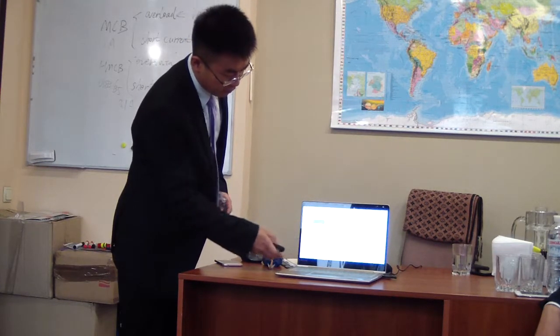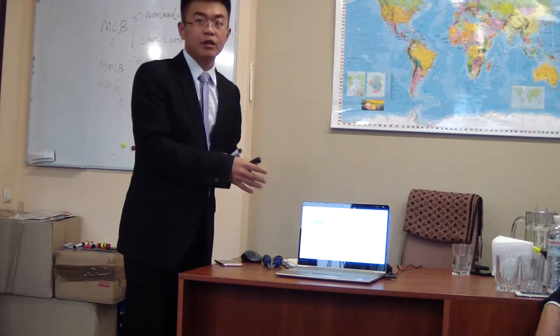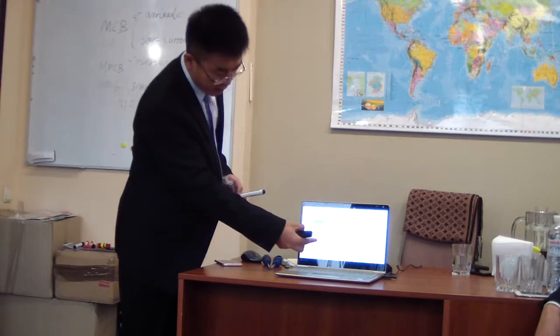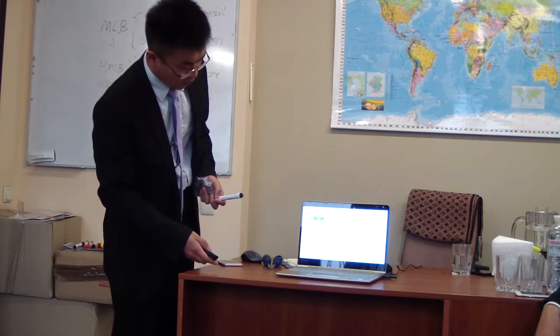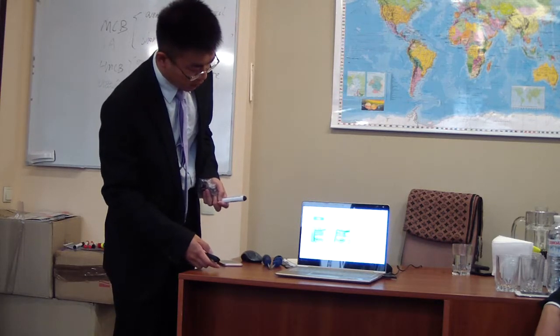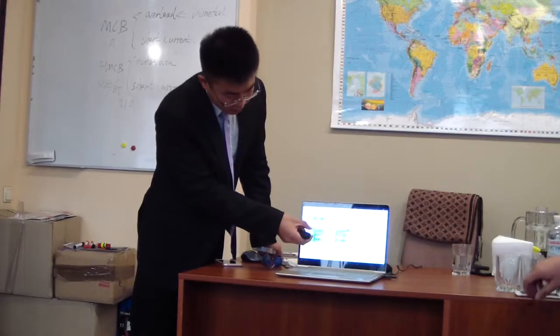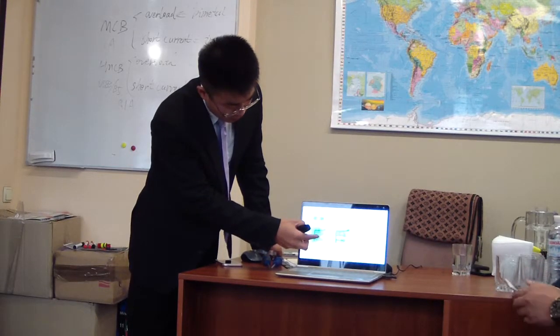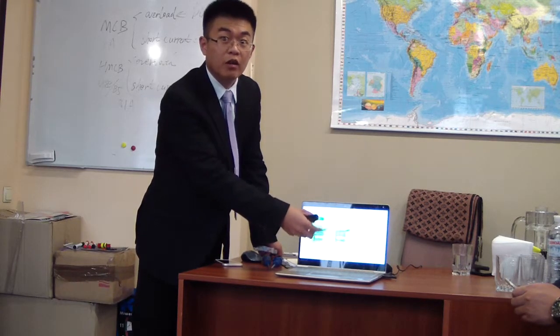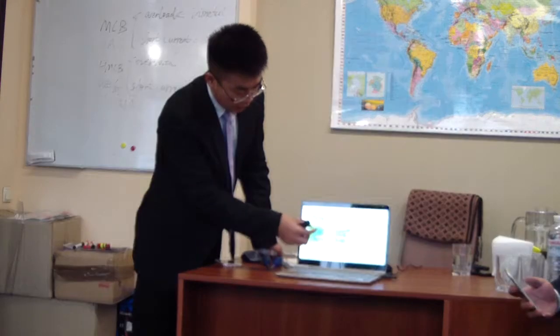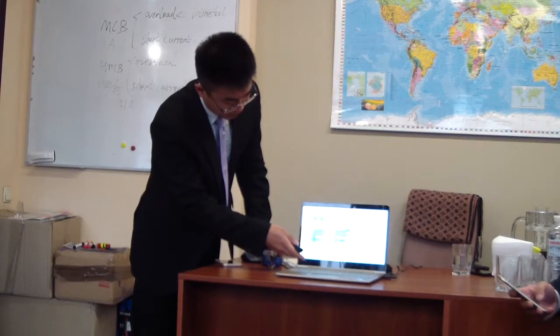And this picture shows the MCB structure. This is a bimetal. It provides the overload function, and this is the coil. It handles short current. And this is oil. When overload occurs, inside there is also an iron core, and the core moves like this.